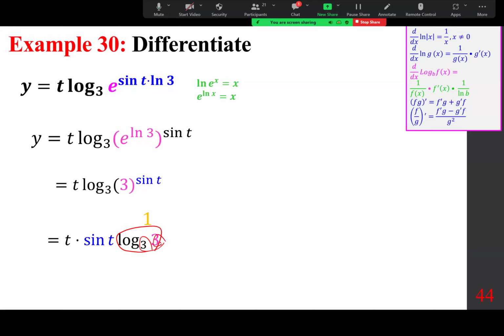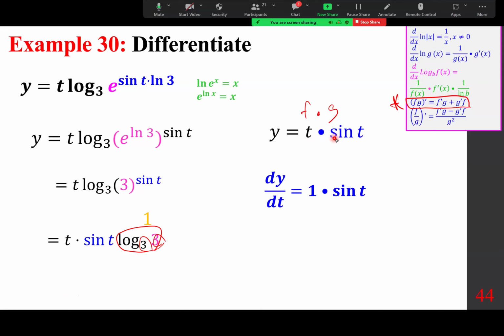So let's rewrite the function. y has simplified to t times sine t, which requires the product rule. f prime g plus g prime f gives you 1 times the sine t.